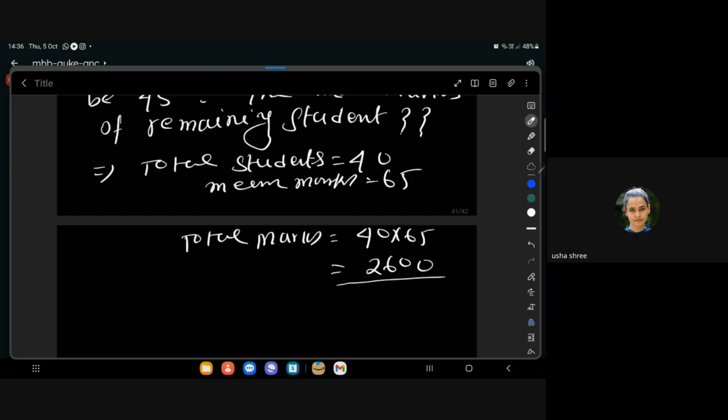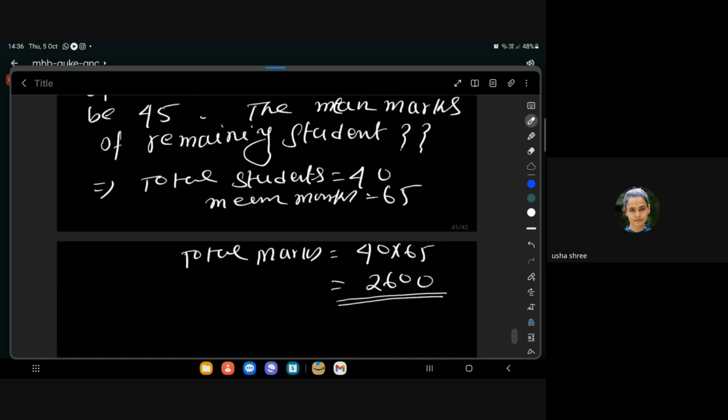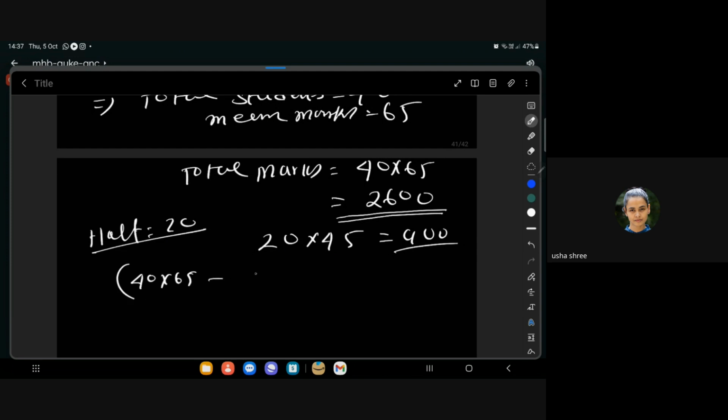So the total marks for the entire class is 2600. Now they have told the mean of half of the students is 45. Half means 20. So what is the total marks of 20 students? 900. In one line, it is 40 into 65 minus 20 into 45, meaning 2600 minus 900, which gives 1700.